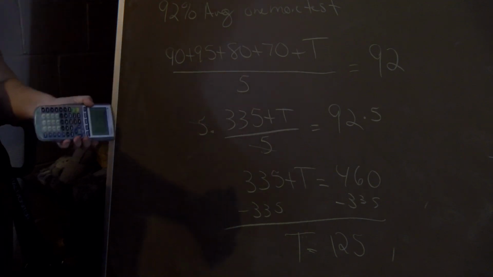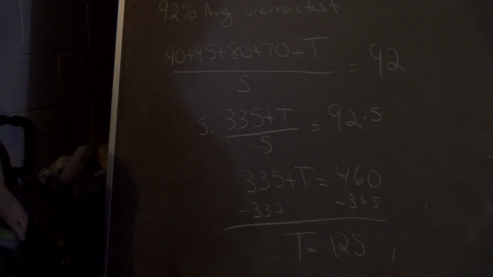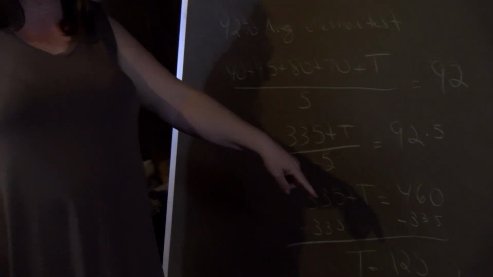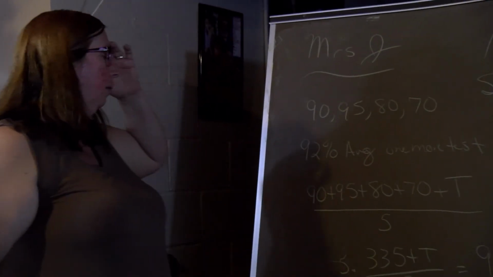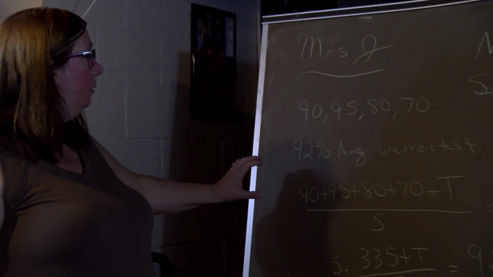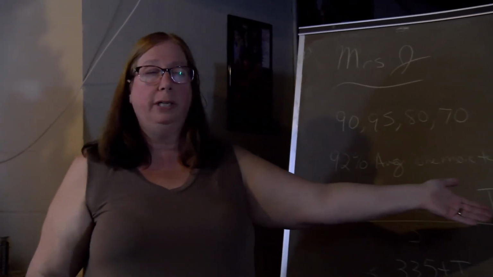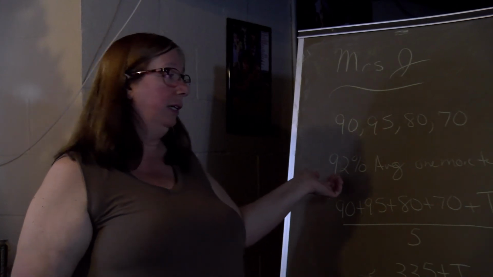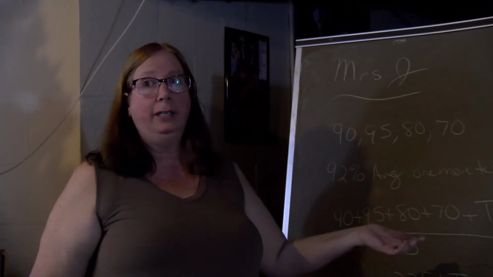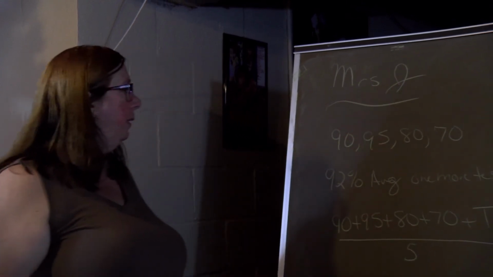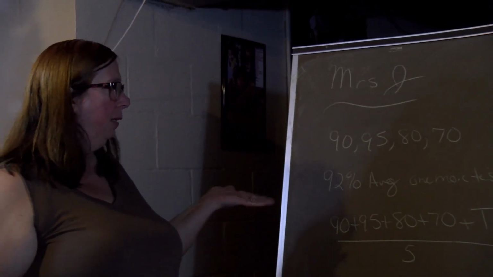So unless there's a lot of extra credit, you're not getting a 92 on the test because you need 125 out of 100. And so by figuring this out, you can see if it's possible to get the grade you want. In this case, nope, you're not getting a 92. Maybe you could get a 90 or an 85. That's one way of figuring that out, and it uses percents.